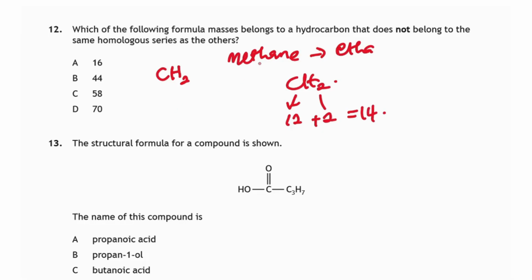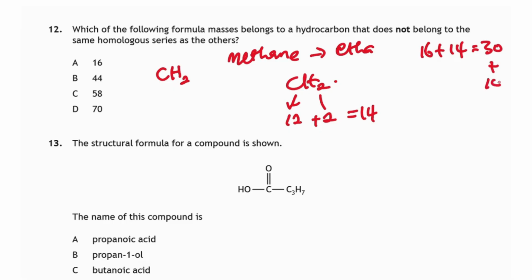So in essence, the difference between methane and the next member is the addition of 14 more mass. For this one, let's take the option 16. If we add 14 to 16, we have 30.